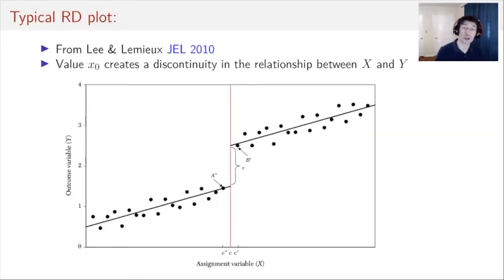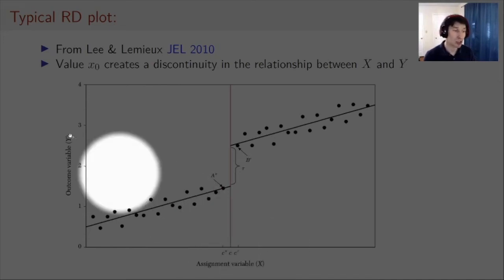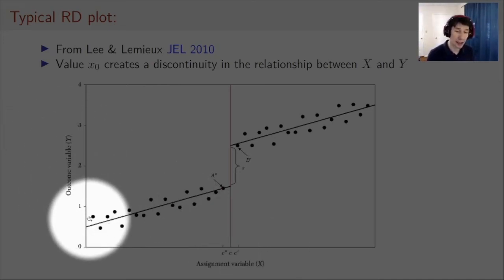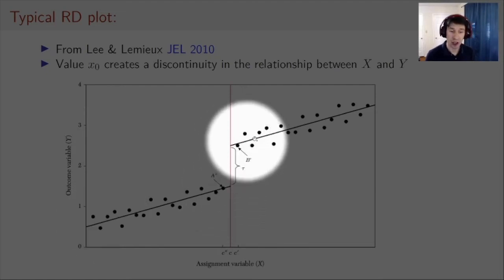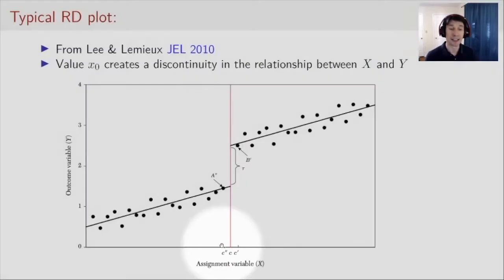How do you do that? Well, what you're aiming for is something like this. You estimate the relationship between the assignment variable and the outcome variable, the relationship between x and y, on either side of the cutoff value. The cutoff value being this red line right here. And so what you want to estimate is this jump.